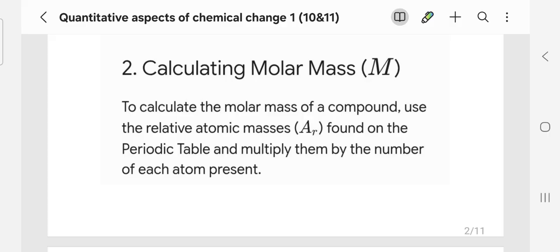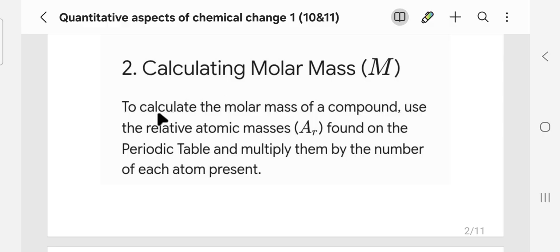Okay, so when you calculate the relative molecular mass and the relative formula mass, we are going to use the same procedure. It's just that we're not going to give units. Let's have a look at how we calculate our molar mass.